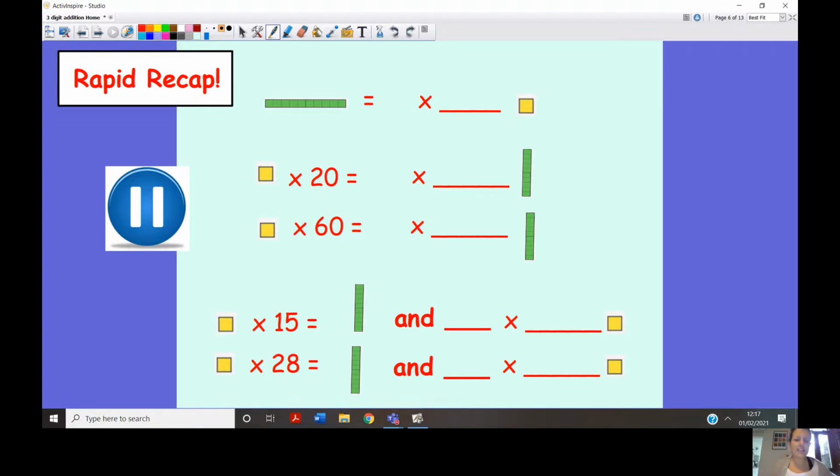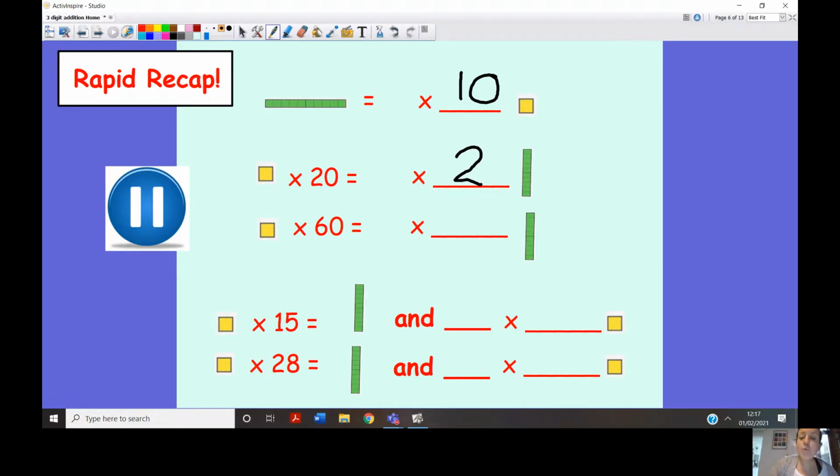Brilliant. Let's check this because this is going to be really helpful for our task today. One of our 10 sticks is equal to what? It is equal to 10 ones. If I have 20 ones, how many 10s do I have? We know that one of these sticks is equal to 10 ones. So 10 ones is equal to one of these sticks.